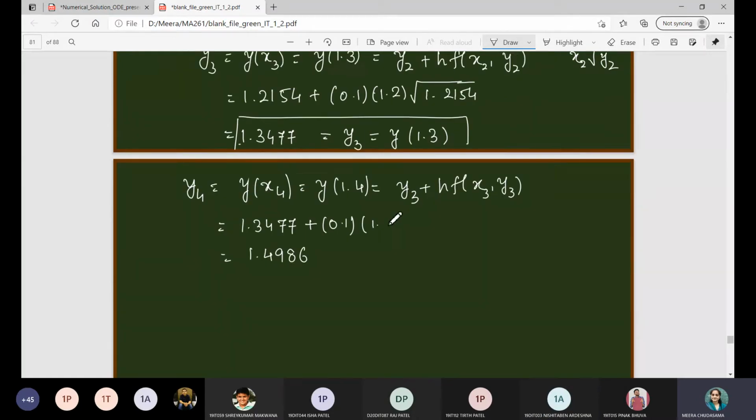It will actually be x3, which we have considered as 1.3, times square root of 1.3477. And then y5, that is y at x5, that is y at 1.5, the required value.